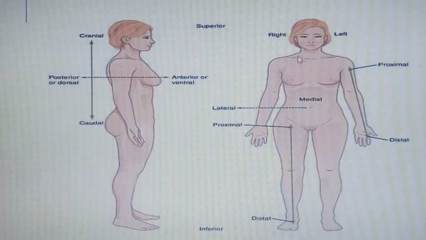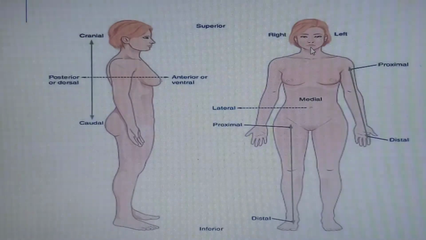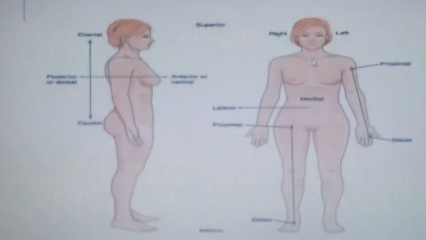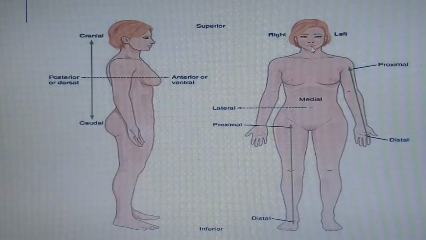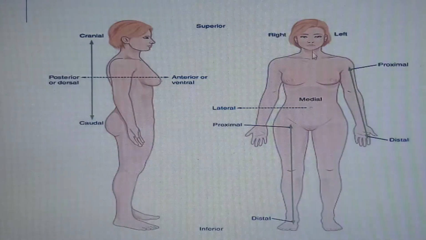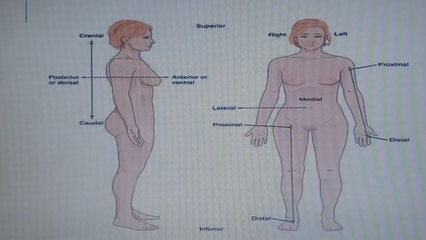Now if you are closer to the midline of the body, then we say you are medial. So for instance, you can see that the lips over here, as well as the nasal septum, are median structures. You can talk about the labial tubercle, which will be a median structure. We can say that the eye is medial, because it is closer to the middle of the body than the ears.